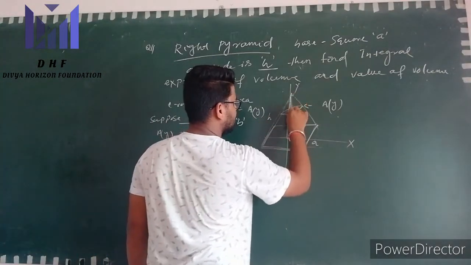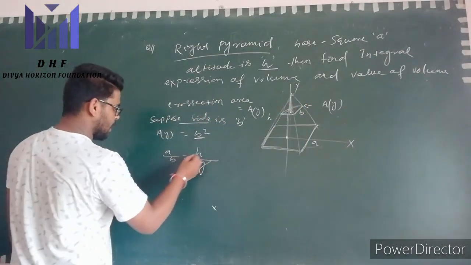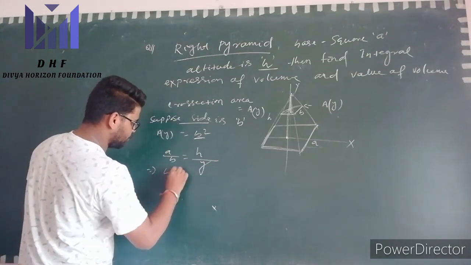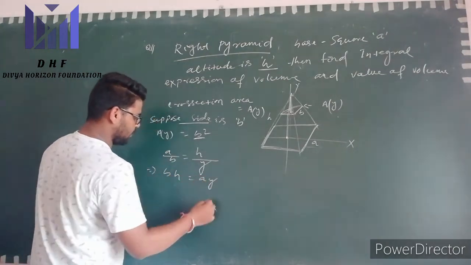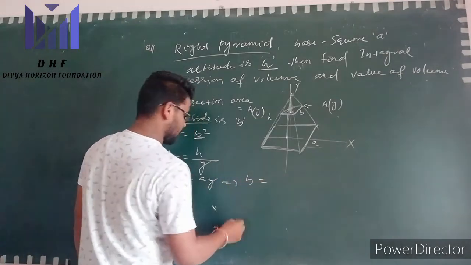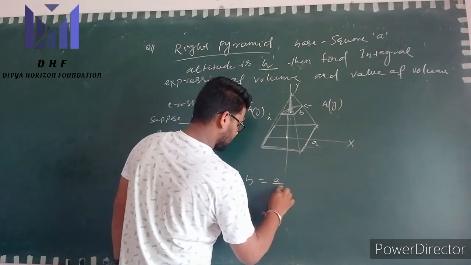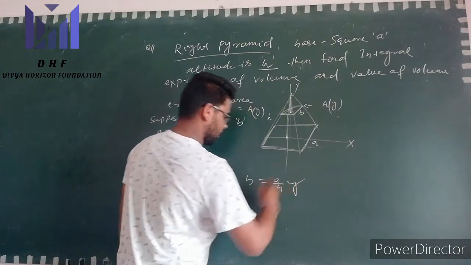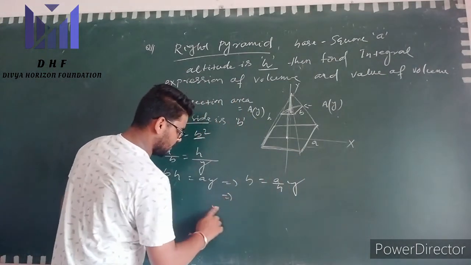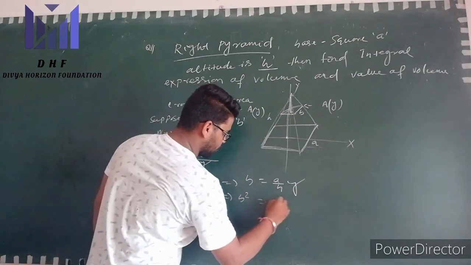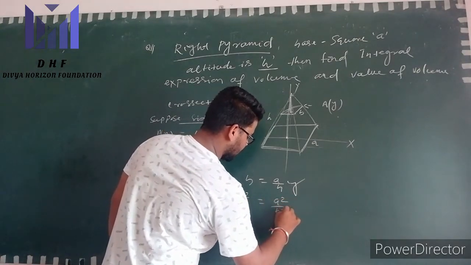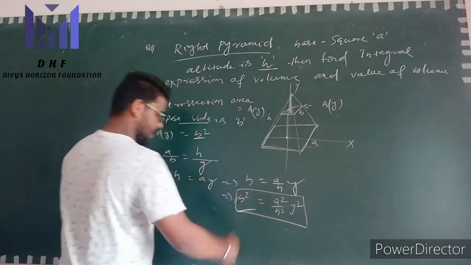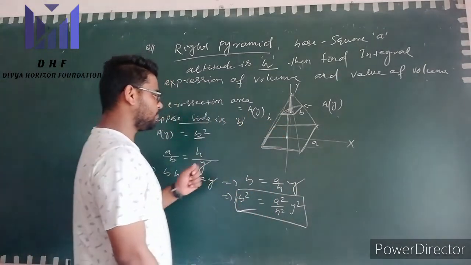So bh is equal to ay, which means b is equal to a upon h into y. Now squaring, the value of b square is equal to a square upon h square into y square. This is our area of cross-section.